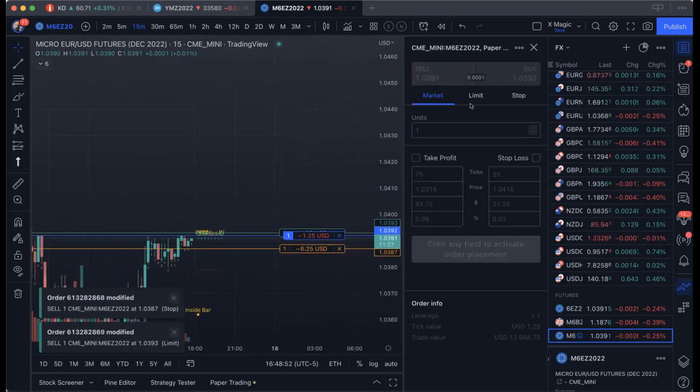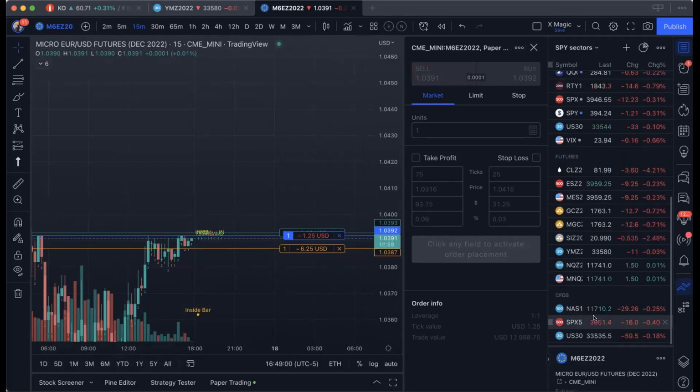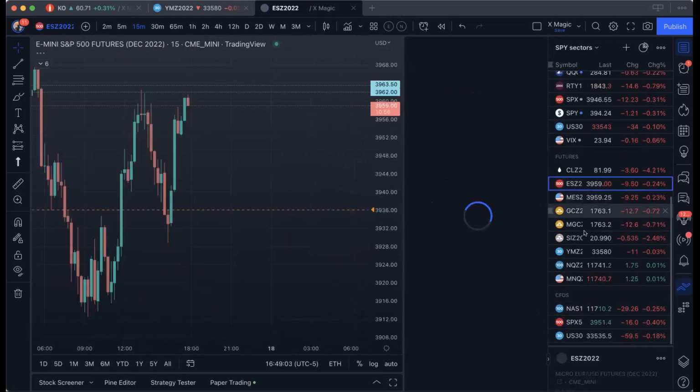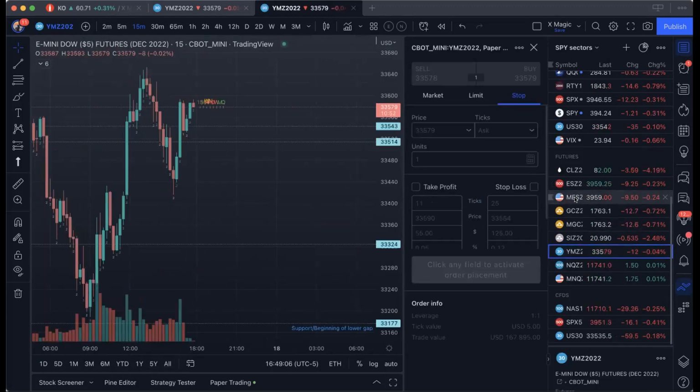But yeah, limit or stop, never market, in my opinion, especially if you're trading ES or the NQ, the Dow, literally anything, honestly.